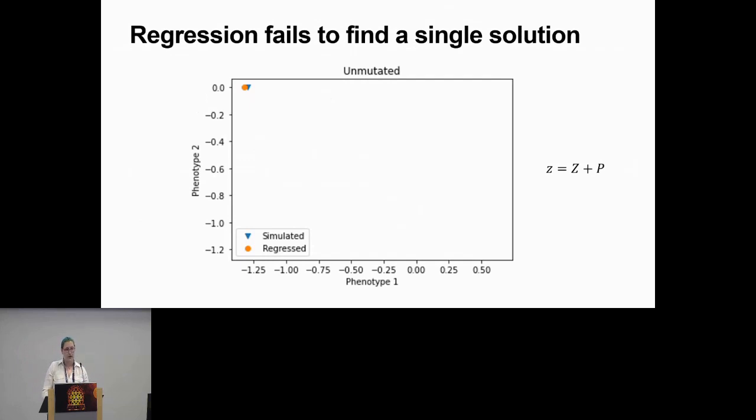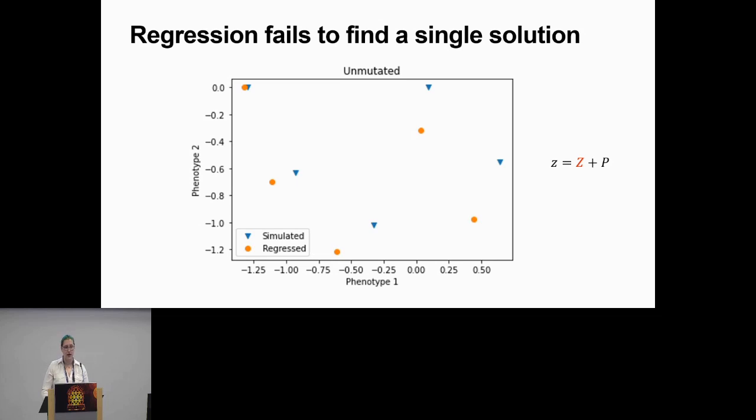However, we did notice something interesting, and that's that regression fails to find a single solution. So this is a graph showing Z values, so the ancestral phenotypes that we got back. We have our simulated ancestral phenotype, and we have our regressed. And now this particular pair matches well. However, looking further, you can notice that this is not the case for all of them. In fact, it's not even the case for most of them.